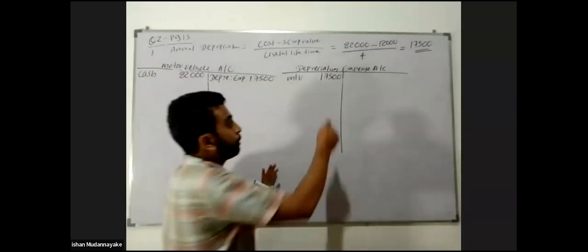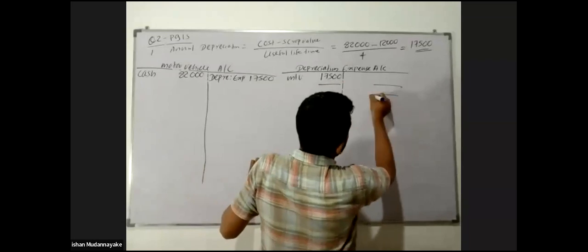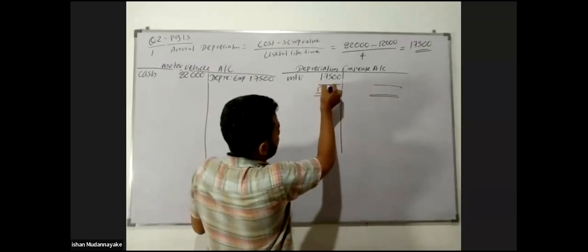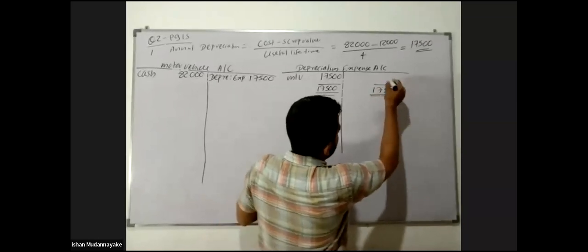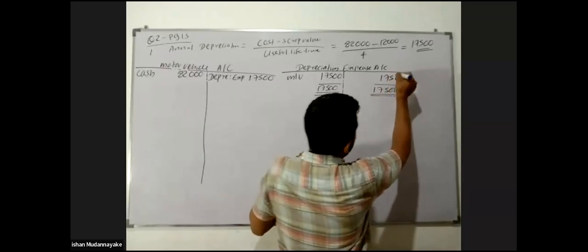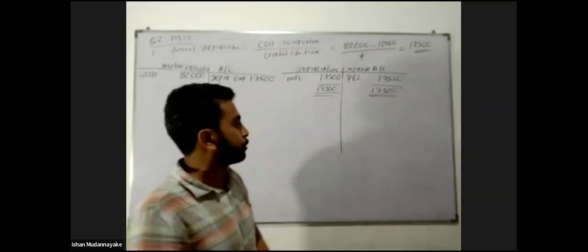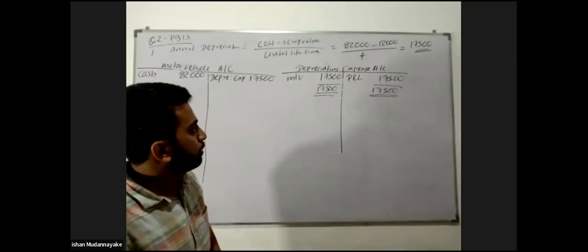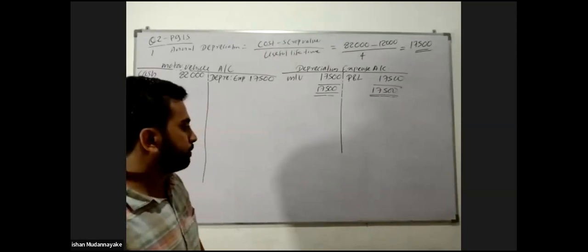Write down this 17,500, and here 17,500 profit and loss. You transfer this 17,500 to profit and loss: depreciation expense of year one.